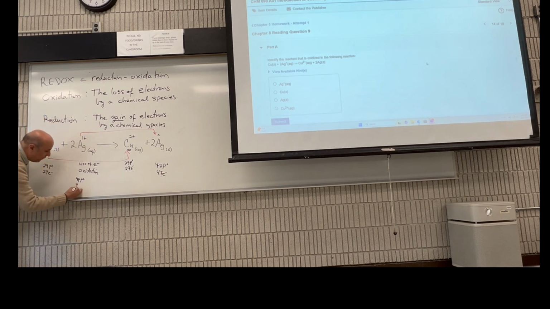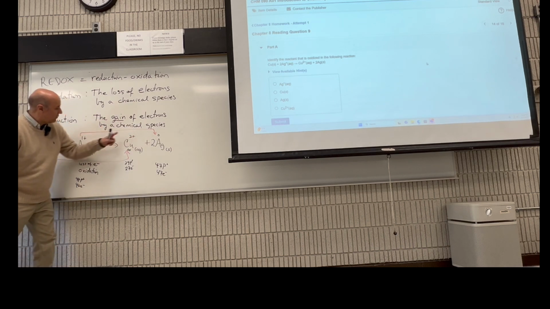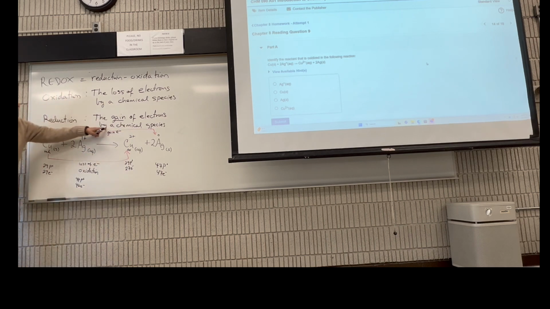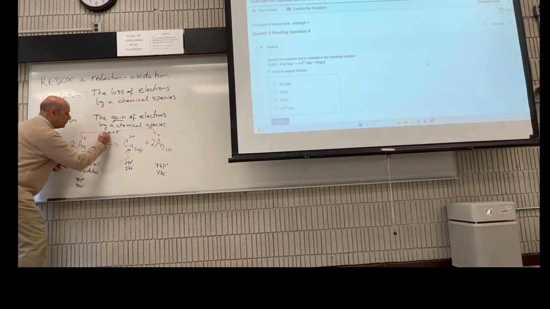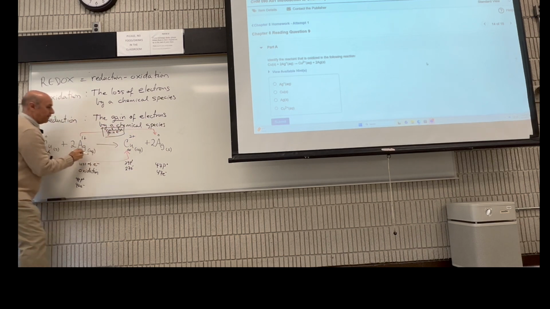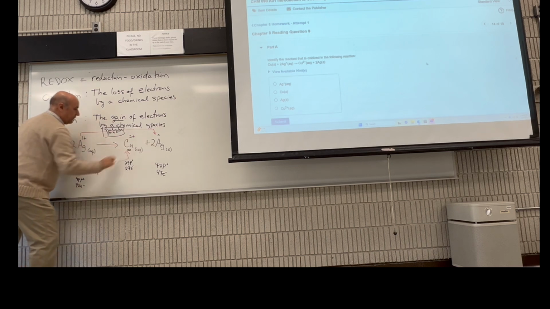So this must have 46 electrons. Okay? Now, what is happening from having 46 electrons to having 47 electrons? It gained an electron. The gain of electrons is a reduction. So this is a reduction. For silver.